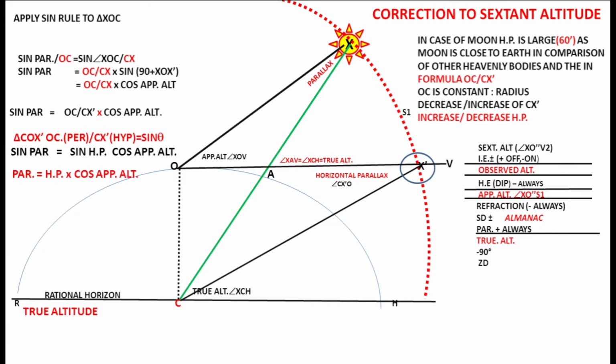And as you can see, with the increase or decrease of the distance from the Earth, from the observer, this will keep on changing. So this is an important correction in case of moon, parallax, in which the parallax has to be calculated with this formula here.